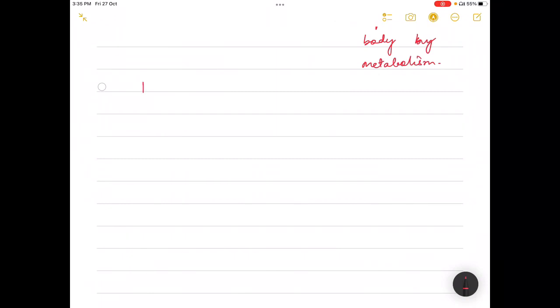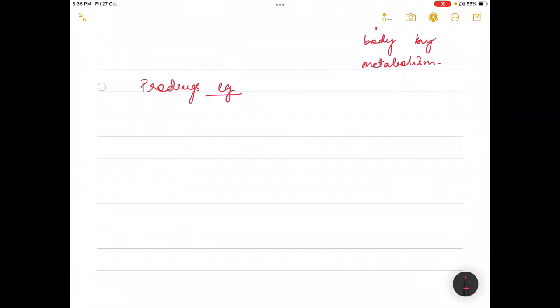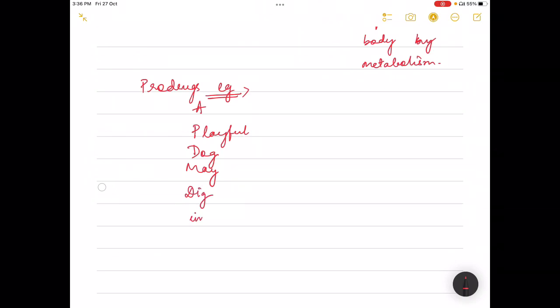So what are the examples of these prodrugs? You can remember it by the mnemonic: a playful dog may dig in cool sand.